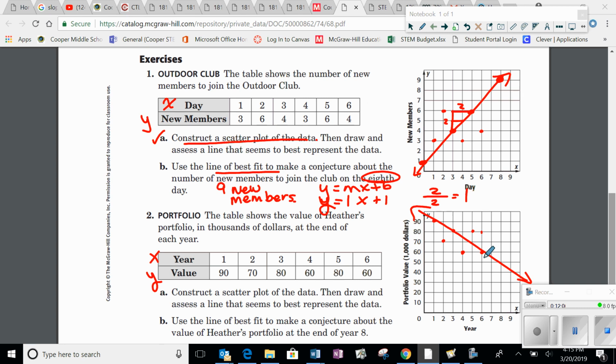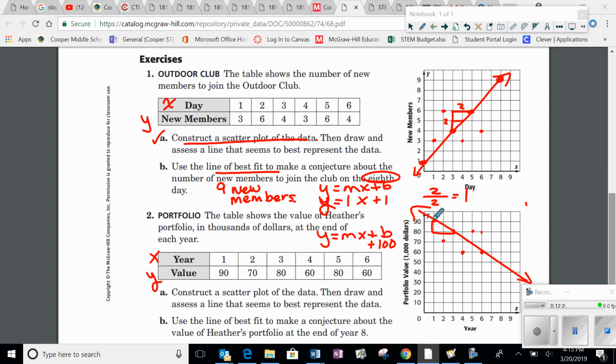So now we're going to write the equation y equals mx plus b. I'm going to look at where that line might be crossing the y-axis, and this is kind of an estimate. It doesn't have to be exact, but it looks like it's crossing right around 100. And remember, that's 100,000. Our slope is down 1 over 2.